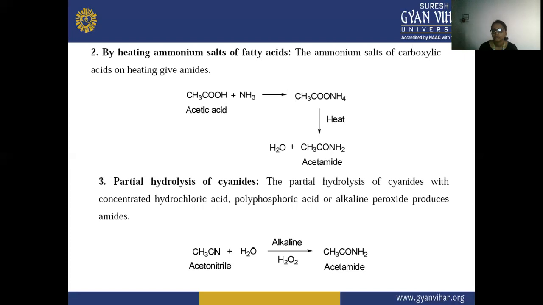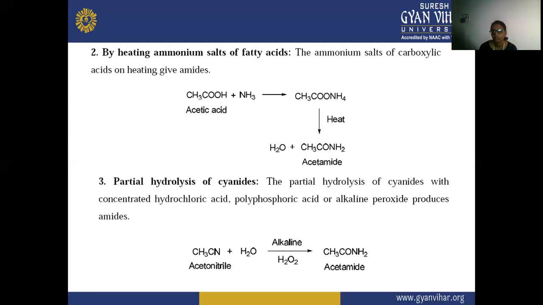Next is your partial hydrolysis of cyanides. The partial hydrolysis of cyanide with concentrated hydrochloric acid or polyphosphoric acid or alkaline peroxide produces amide.